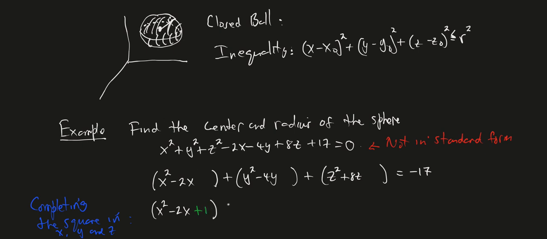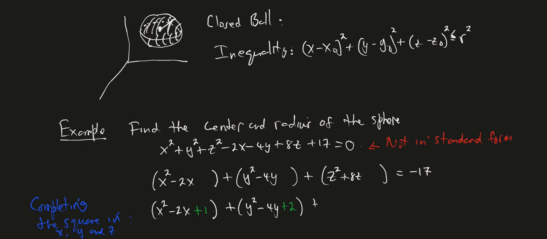And then I'm going to do the same for this one. I'm going to take half of this coefficient, that's a negative 2, and then I'm going to square it, and I'm going to put that constant again right here, right? And then finally do the same thing for the z.